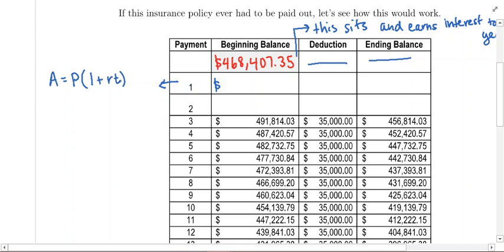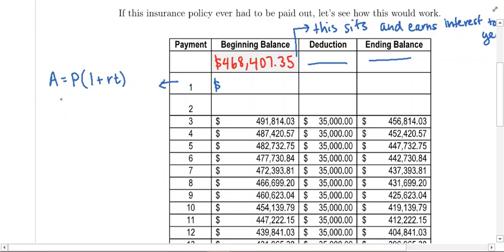I'm going to use that one so that I can just outright get my account balance right before it's time to make the $35,000 payment, okay? You could also use I equals P times R times T. That would give you the interest, and then you would just have to add it back to the original amount to get your account balance.